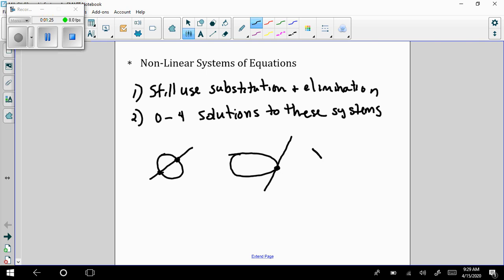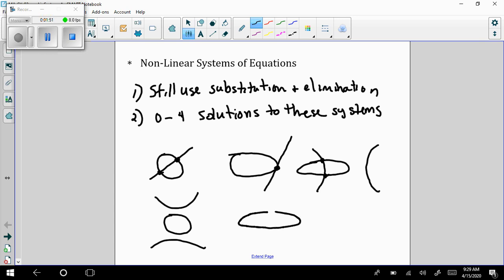You could have a hyperbola with an ellipse maybe that looked like this, where you would have 2 solutions there. You could have a hyperbola like this with maybe a circle in the middle that never intersects, so no solutions. Let's see, one more, maybe you could have an ellipse and a hyperbola like this that you would have 4 solutions. So there's other possibilities, but that's just giving you an idea of what we're actually looking at.